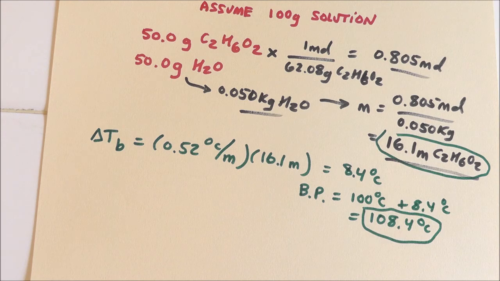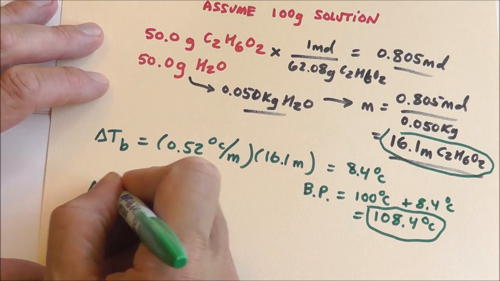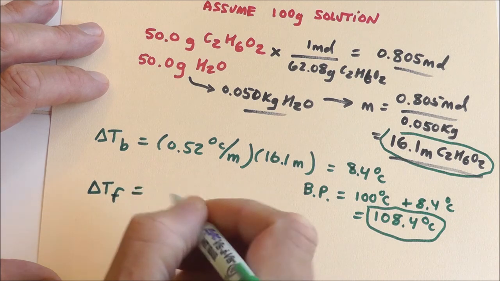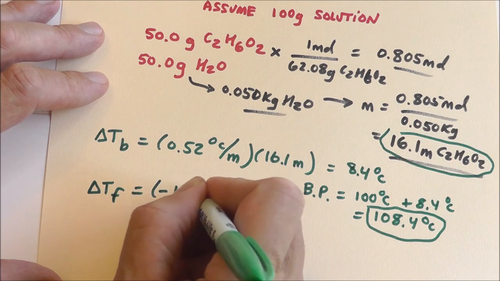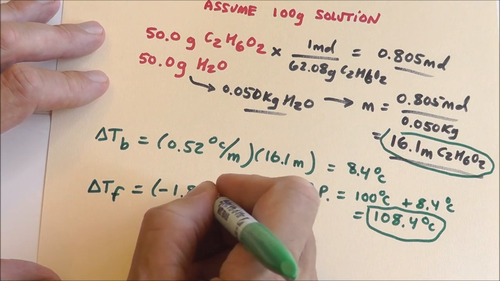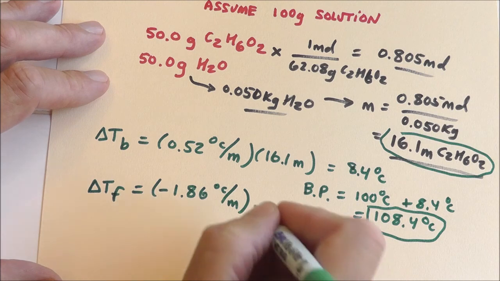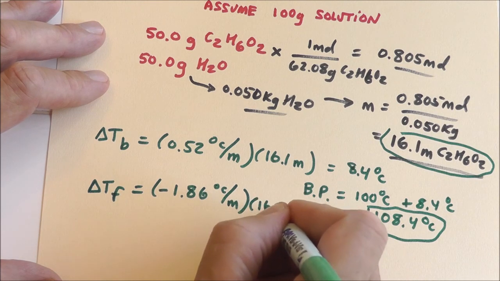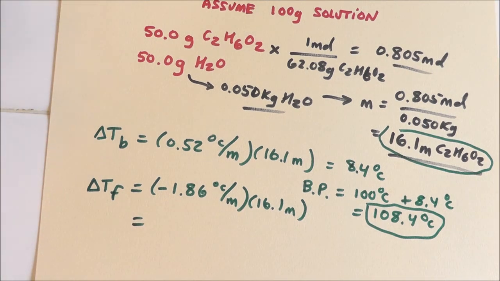And so now let's go ahead and do the same sort of thing. Delta TF equals minus the constant, 1.86 degrees C per molality, and this is coming right out of the table, times 16.1 molality units. Now, the cool thing?